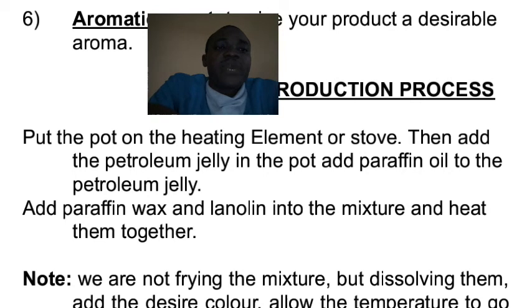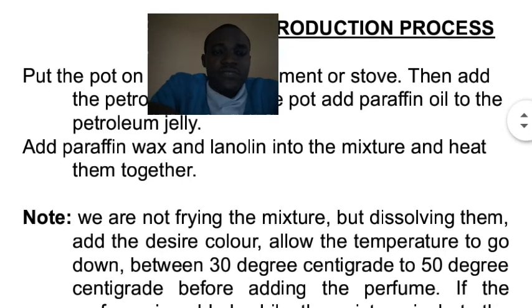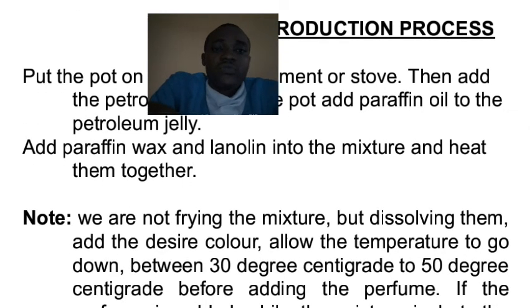Then you add the paraffin oil to the petroleum jelly. Then you add paraffin wax and lanolin into the mixture and heat them together. These are just the simple things that you do.